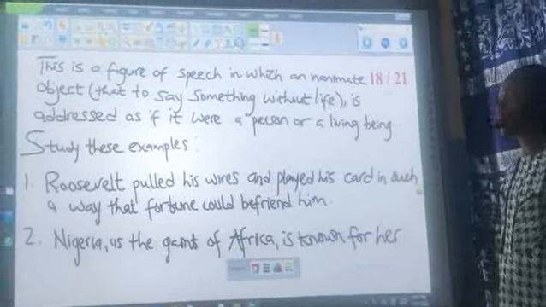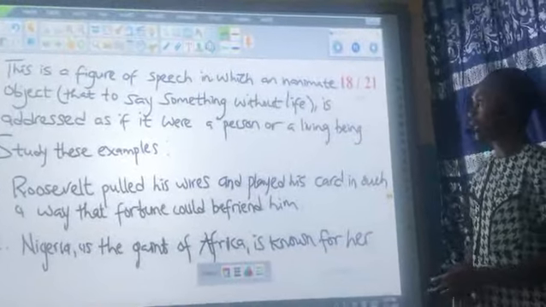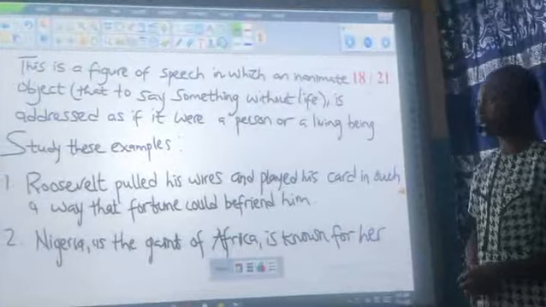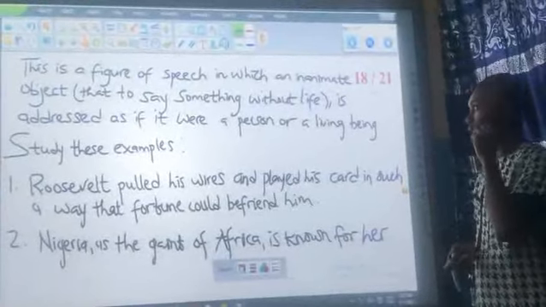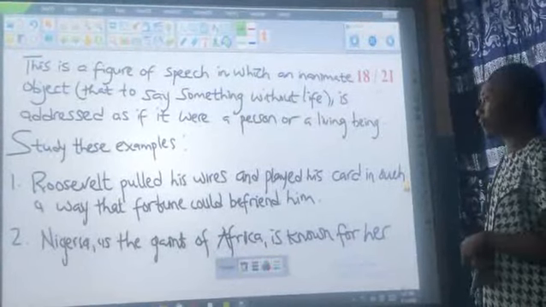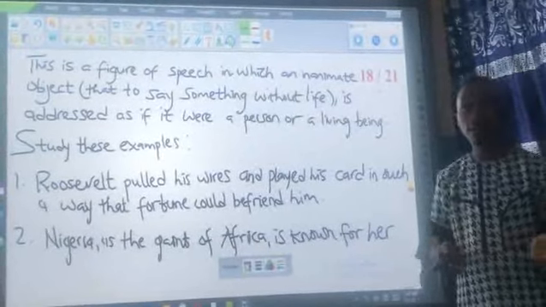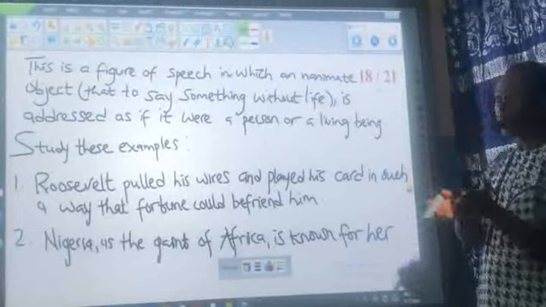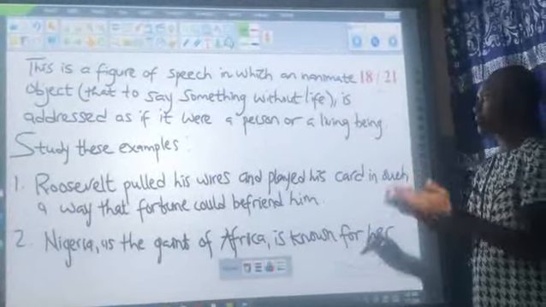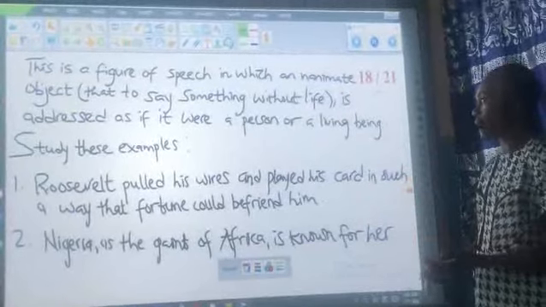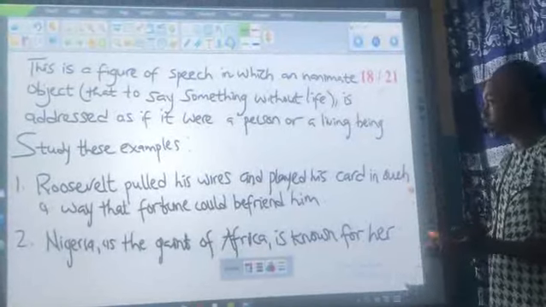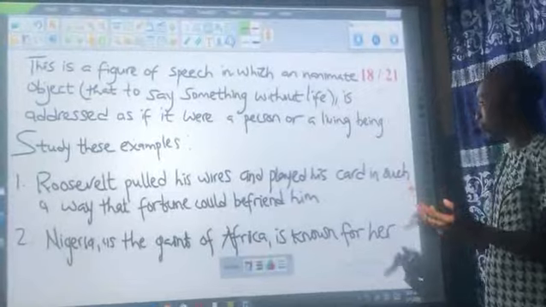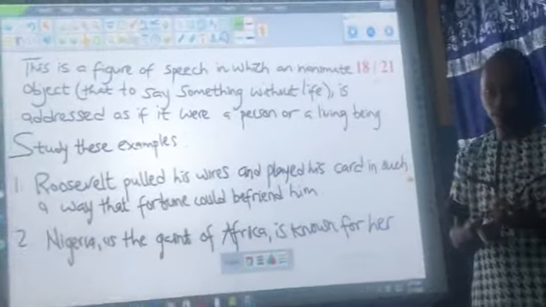This is a figure of speech in which an inanimate object, by which we mean something without life, is given a quality that presents it as if it were a person or a living being.